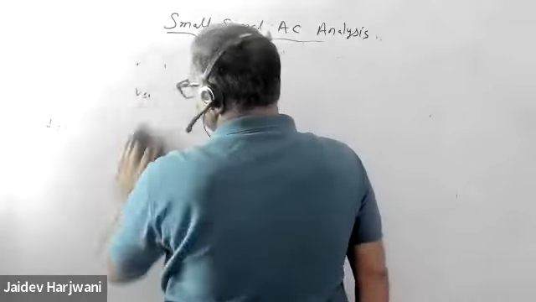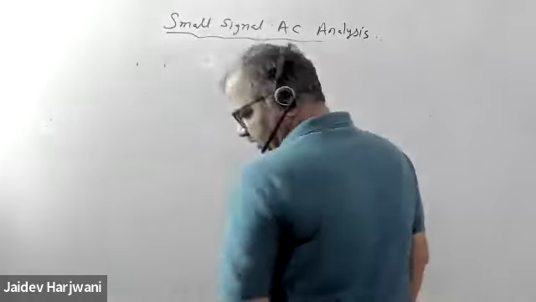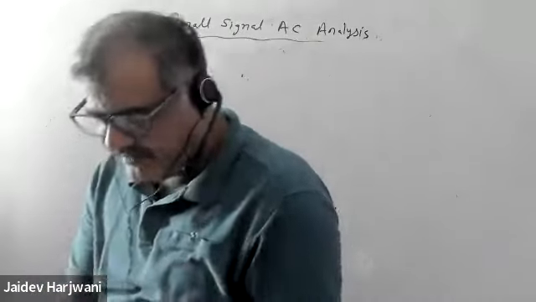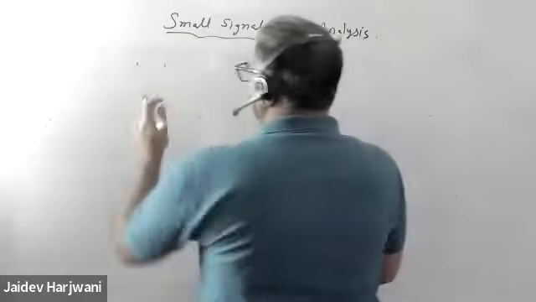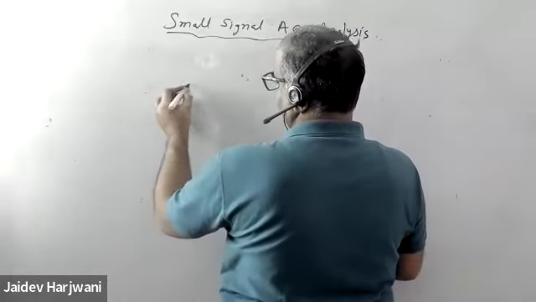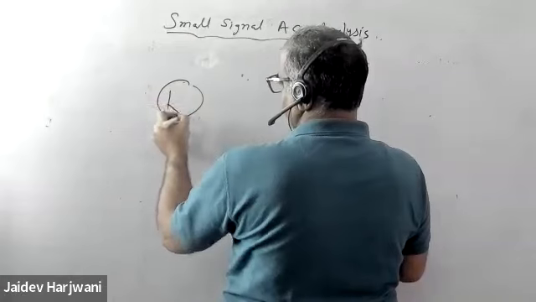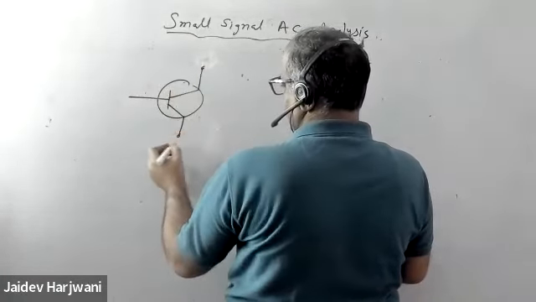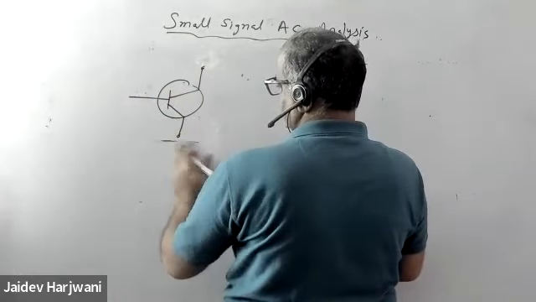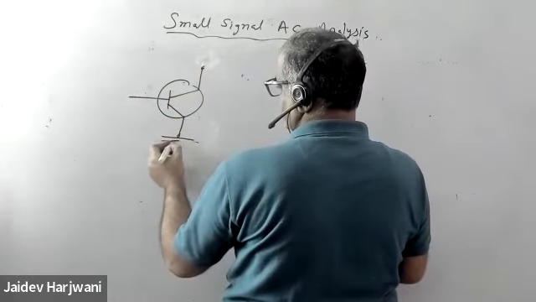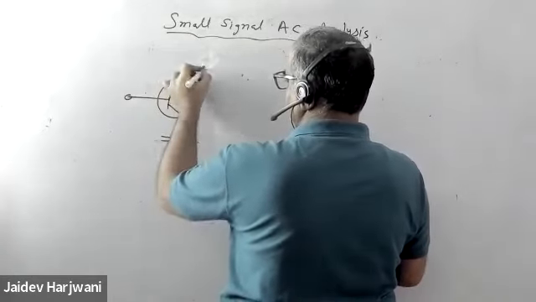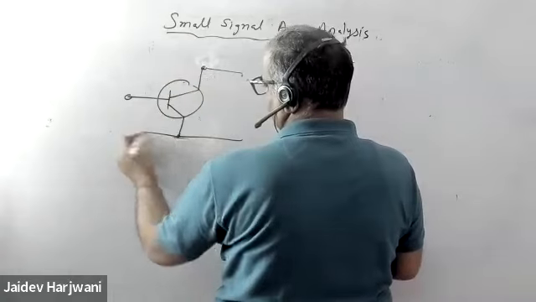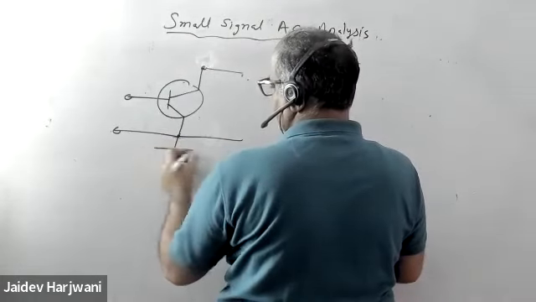Now this was the common base configuration. The most important one, which we are going to use, is the common emitter configuration. In the common emitter configuration, you have this one, so the emitter is grounded. This is your output, this is your input, and this is your ground.